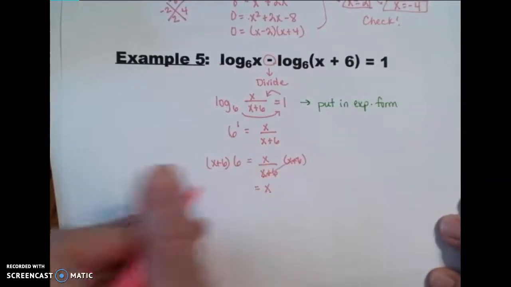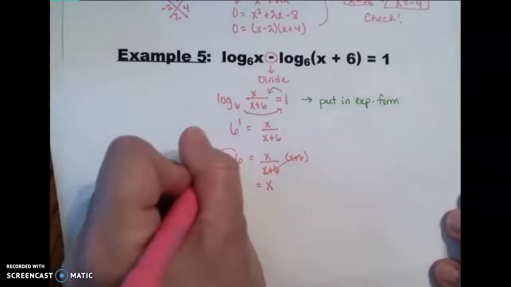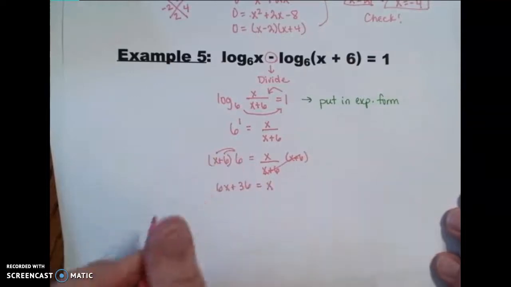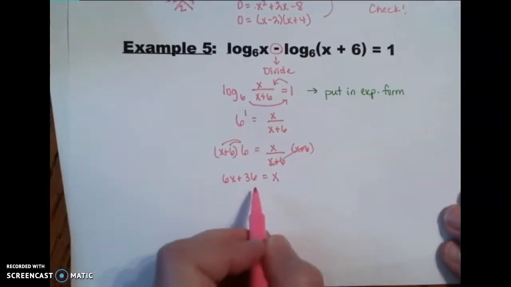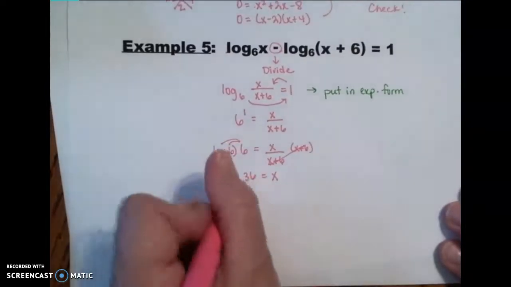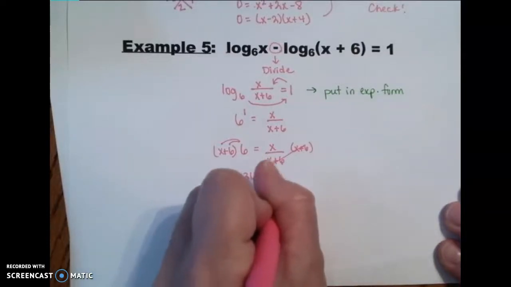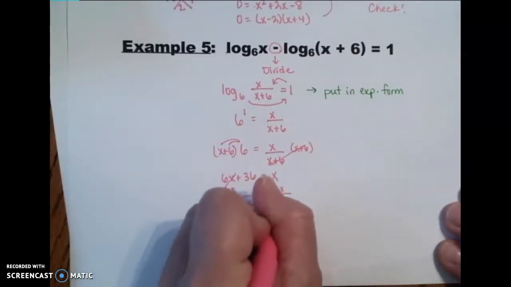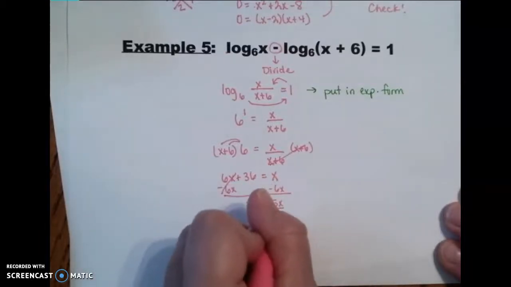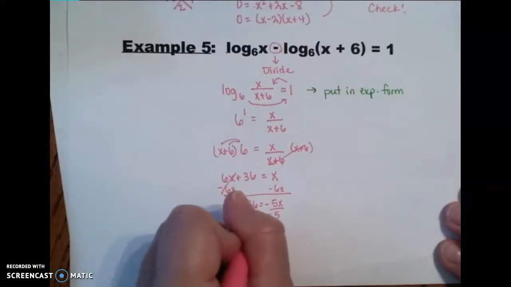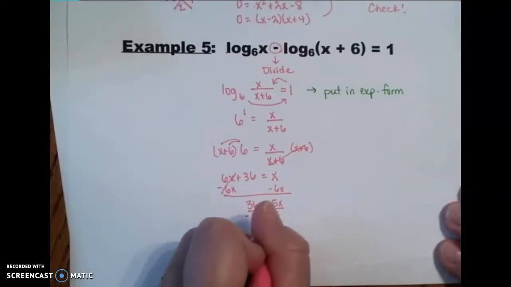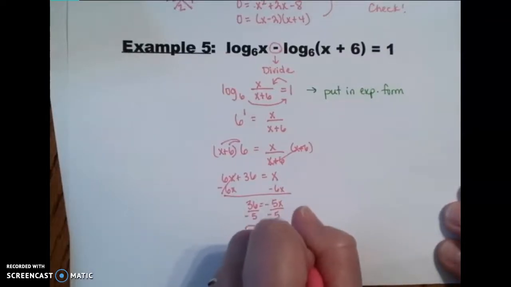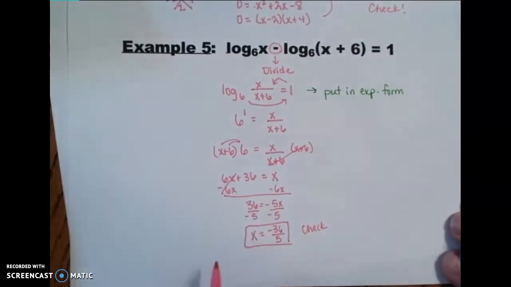So that's going to go away. We're going to have x there. Here you're going to distribute. So we're going to have 6x plus 36. So then I'm going to subtract 6x. And then we would divide by negative 5. So x equals negative 36/5. We need to check that. Back to your original.